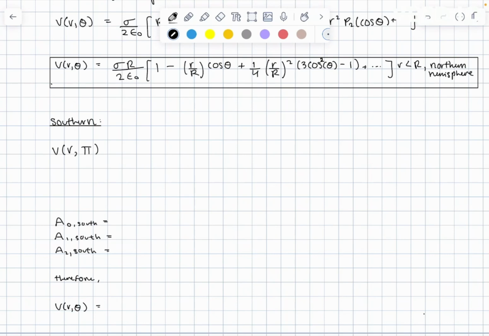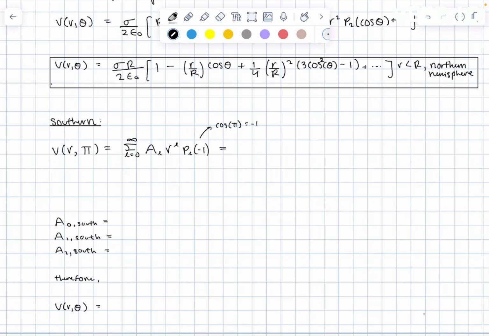So we can plug that in, and that's going to give us the sum from L equals 0 to infinity of a L R to the L, and now we'll have P L of -1, because cosine of pi is equal to -1, right?